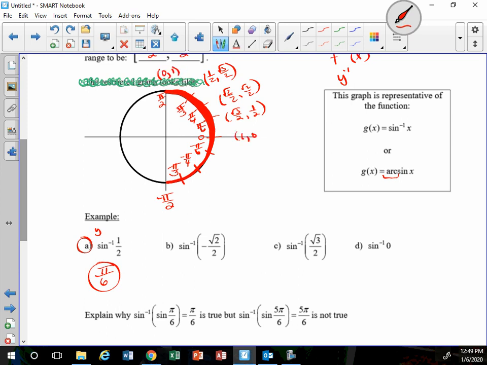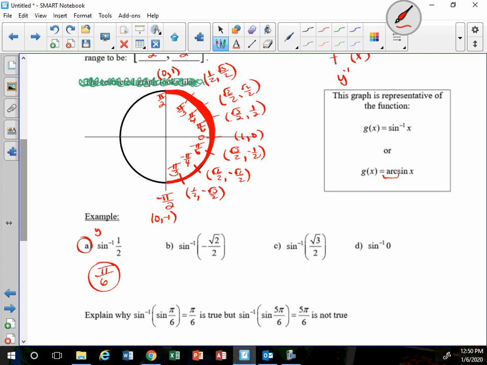So this guy's 0. So again, all we're talking about right now is inverse sine, so that's only y values.